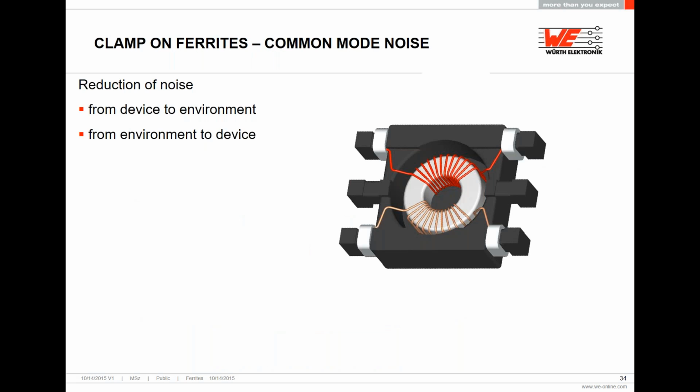Here's a visual representation of how a common mode choke works. As you can see in this animation, the red arrow is the differential signal going in, which is the useful signal of your circuit. It creates a magnetic field inside the core going in one direction according to the right-hand rule.